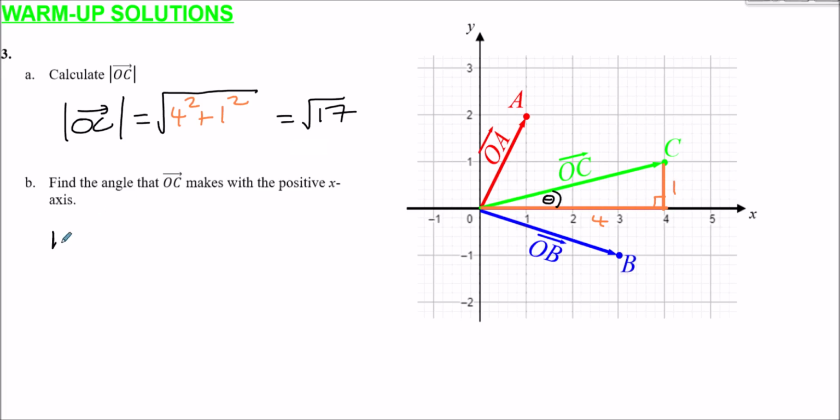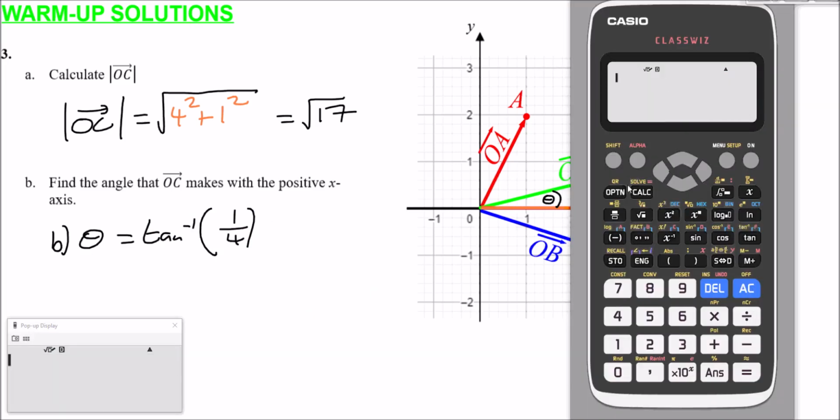And so for B, the angle it makes, which is theta, we're going to do tan minus 1, opposite divided by adjacent, 1 divided by 4. So let's see what we get here. So shift tan minus 1 of a quarter. That gives us, to 3 significant figures, 14.0 degrees.